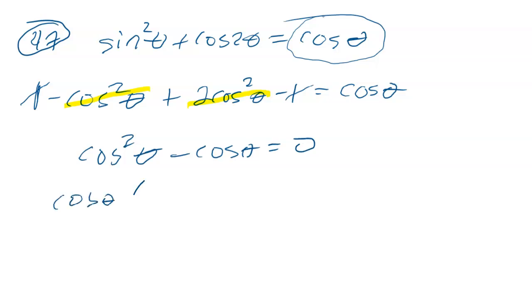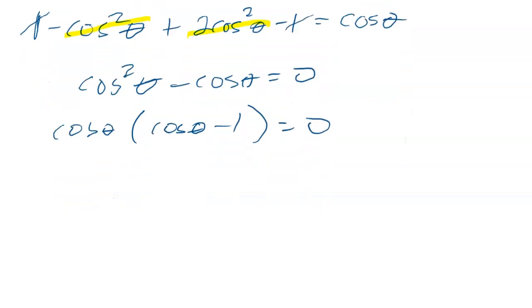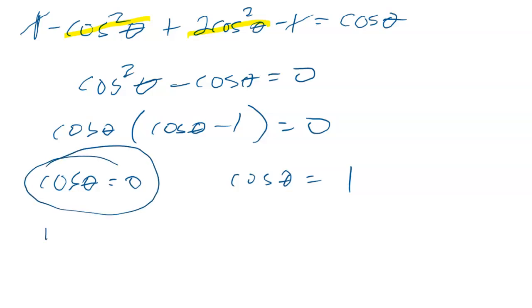I'll factor cosine theta and I get cosine theta times cosine theta minus 1 is equal to 0. Then I set these equal to 0: cosine theta is equal to 0, or cosine theta is equal to 1. We've done this before. This is like the pi over 2 and 3 pi over 2 and 5 pi over 2 and 7 pi over 2. So this is pi over 2 plus pi k.